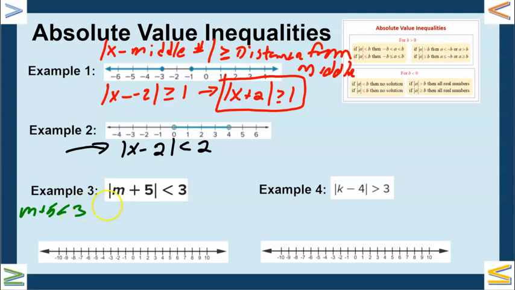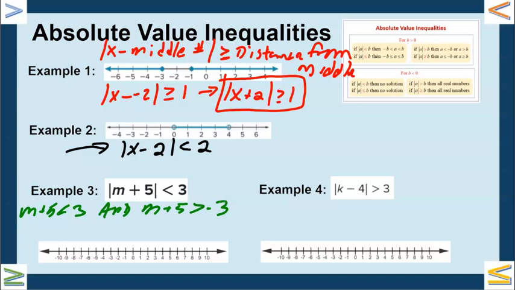Less than means it's an and. And then I have m plus 5 has to be greater than negative 3. So I have to flip the symbol because now I'm using a negative form. And remember when we had negative inequalities or divided by a negative number or multiplied by a negative number, we had to flip the symbol. So I'm just flipping the symbol here.